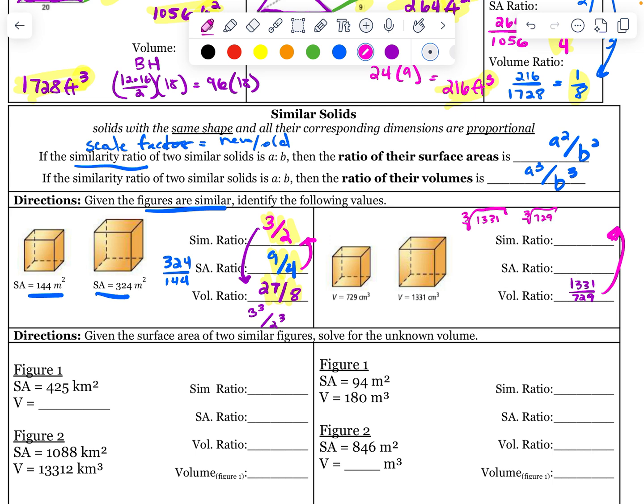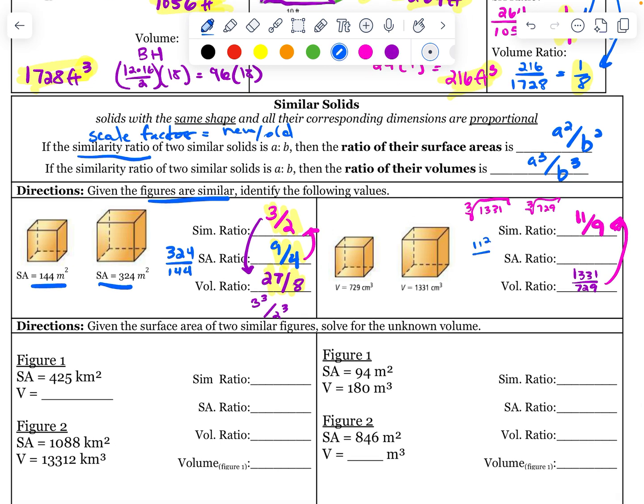The cube root of 1331 is 11 over the cube root of 729, which is 9. All right, so now to get the similarity ratio, I can do 11 squared over 9 squared. So 121 over 81. And we're Gucci.